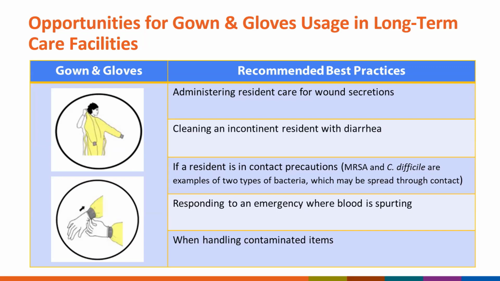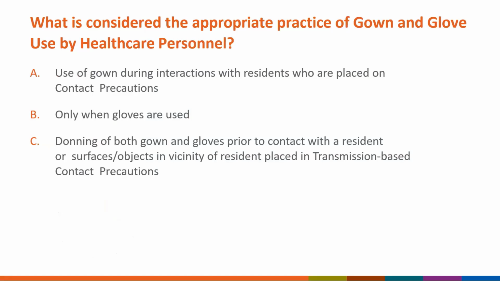Policies and procedures may vary between facilities. Therefore, let's move forward with another scenario to determine what qualifies for NHSN reporting. What is considered the appropriate practice of gown and glove use by healthcare personnel?